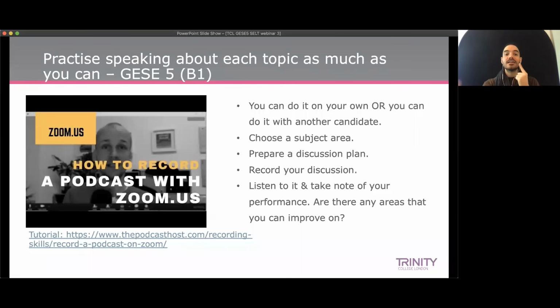And then change roles. Then your friend is the examiner and you are the candidate. It is important that you record these discussions. Record them, please.